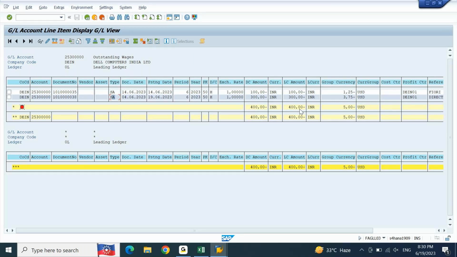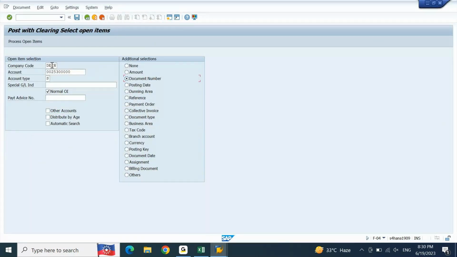We will be proceeding with document number, for which let me copy this document number. I want the system to clear the open item in this GL account. The GL account the system will understand based on account number and account type. On the right side, I want the system to identify based on document number.